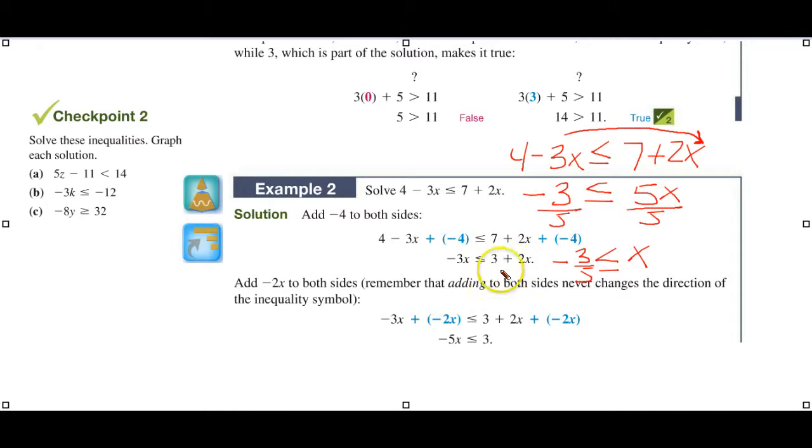So when they solve this, as you see down here, they're going to divide by a negative 5. And in order to keep that statement true, they would have had to reverse the direction of that inequality sign.